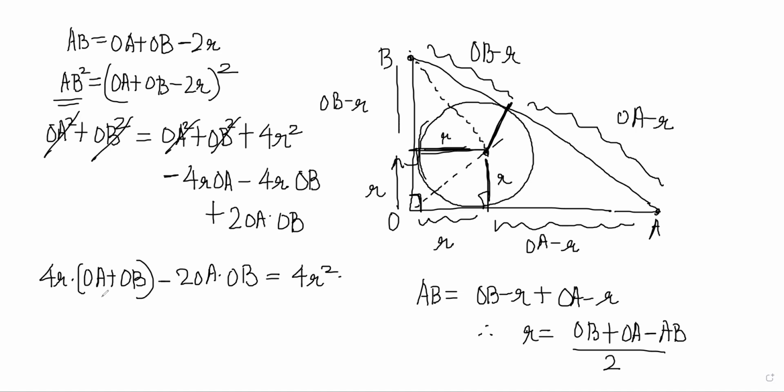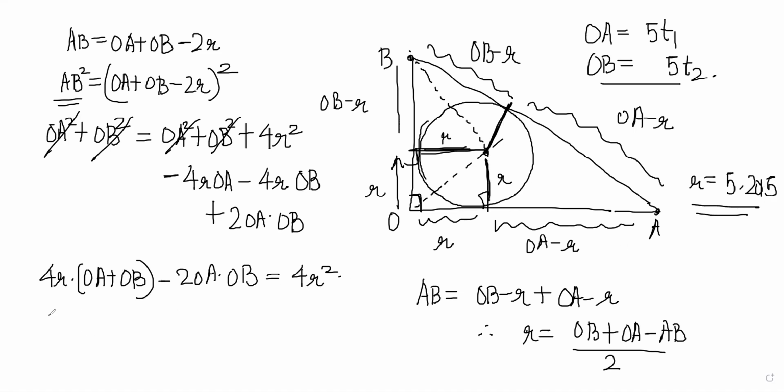Correct. Now we know that OA was equal to 5T1 and OB was equal to 5T2. And we know that R value was 5 times 2015. If you recall from the previous screen, we had calculated all this. So let's put that now here. This is 4R. OA plus OB is 5 times T1 plus T2, right?